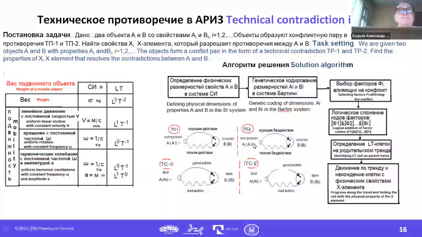Here are examples, TP1 and 2. The algorithm is like this. We define the physical dimension of properties of good and bad action. Then we code it in the Bartini system, and we select factors affecting the conflict, then do logical addition of factor codes, then identify the multi-cell and parent trend, and progress along the trend.